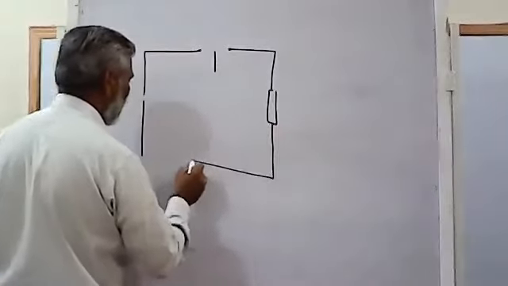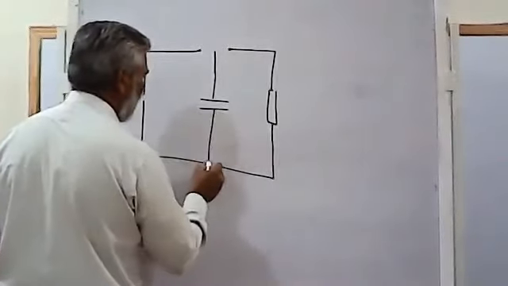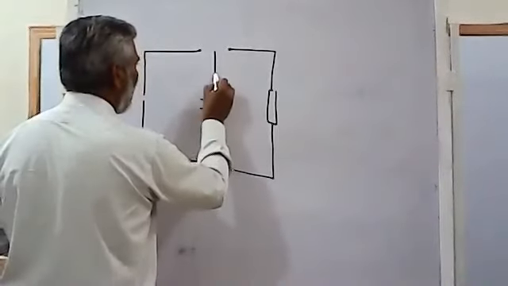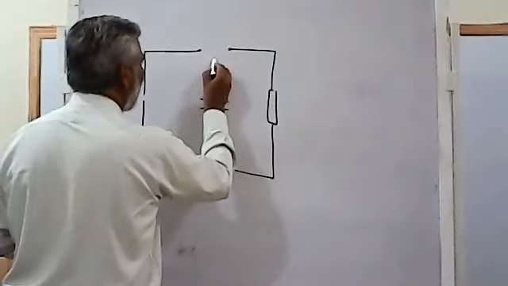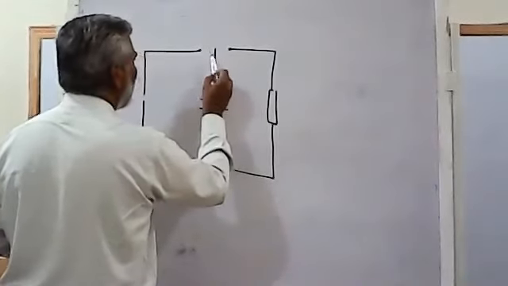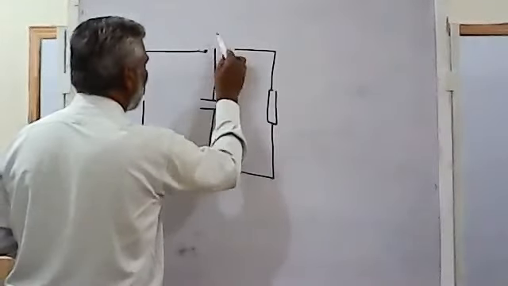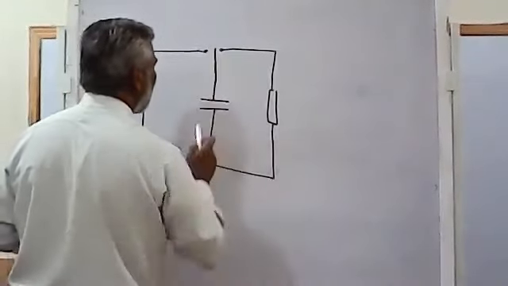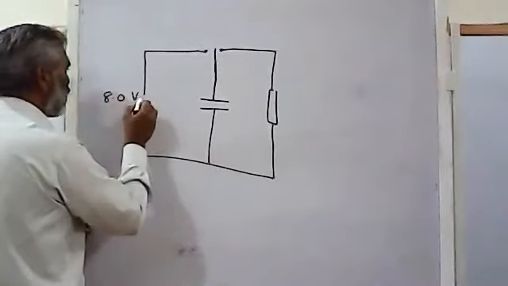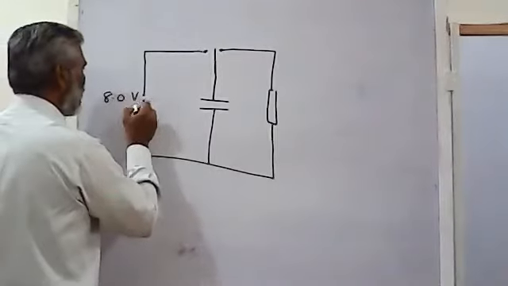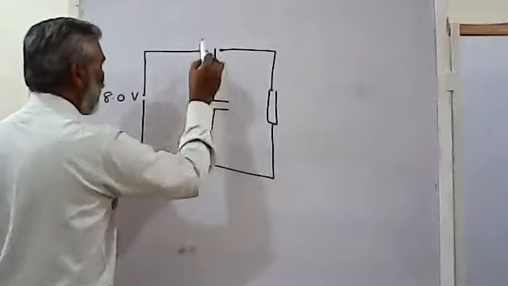This is a circuit with a capacitor here, and we have a two-way switch here. You can connect it either to this side of the circuit or to this. Suppose you have an 8-volt power supply connected to this side, that will charge the capacitor when you connect it here.